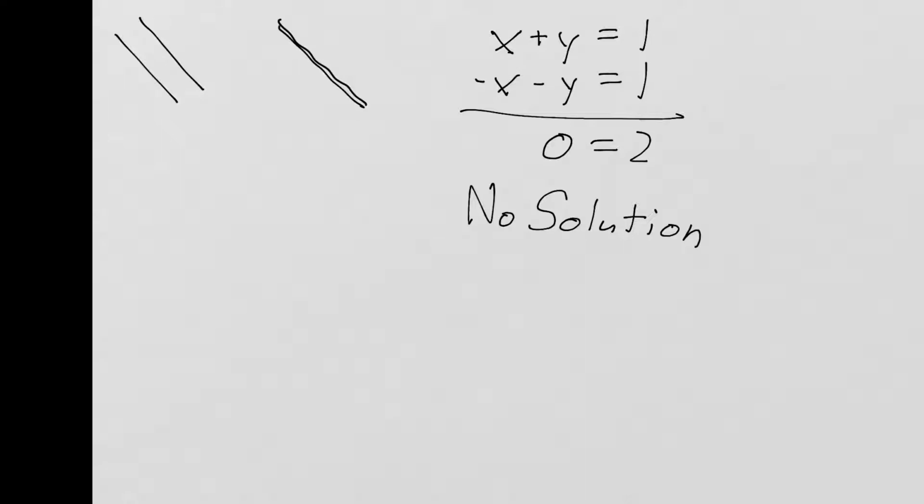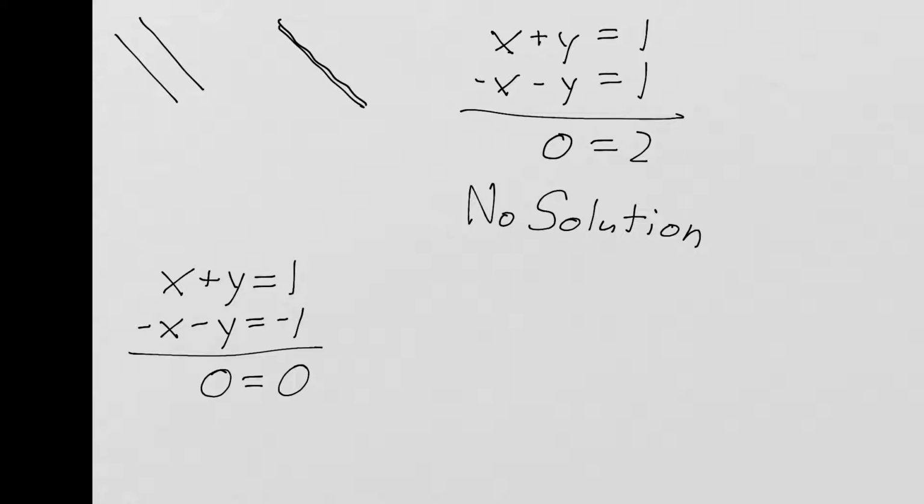But the other possibility we could have is x plus y equals 1. And negative x minus y equals negative 1. I add those together, I get 0 equals 0. Now, that's a true statement. So we end up getting, the way this will be written in a lot of places, is the ordered pair (x, y) such that x plus y equals 1.